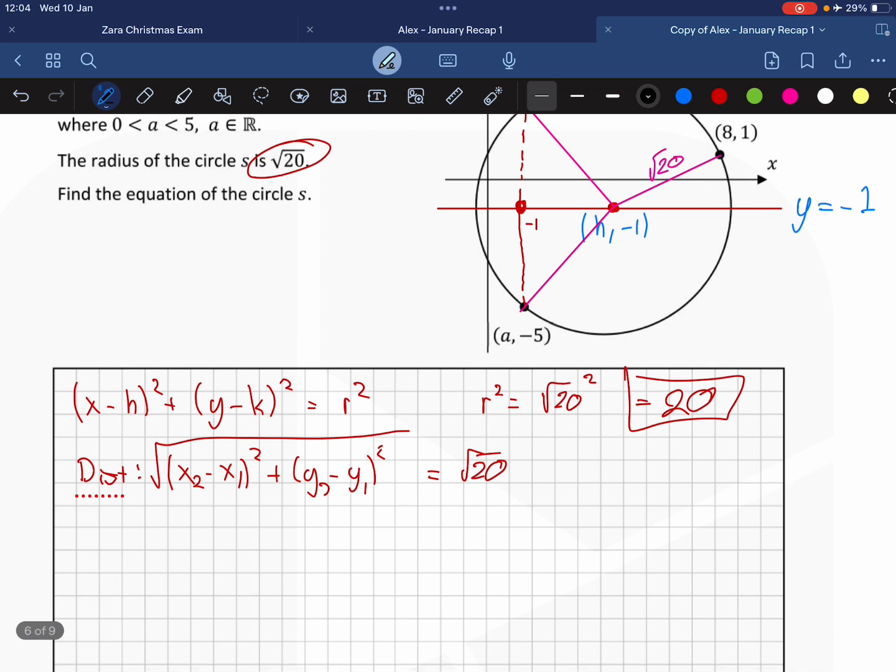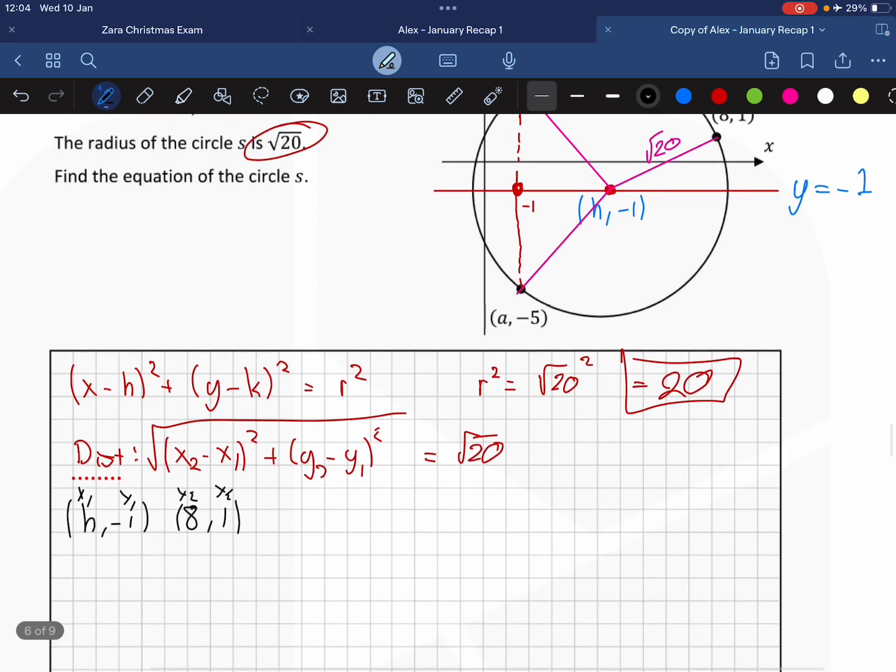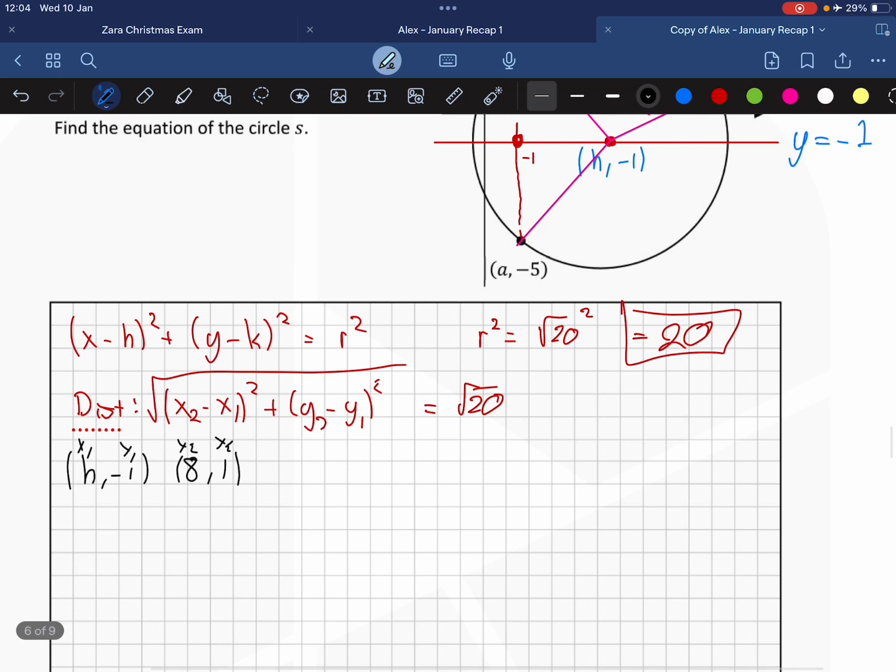So go ahead and do that. We have the points (h, minus 1) and (8, 1). So we're going to have x1, y1, x2, y2. Doesn't matter which one you label, it comes out the same. So we're going to have the square root of 8 minus h squared plus 1 plus 1 squared, and that's equal to root 20.